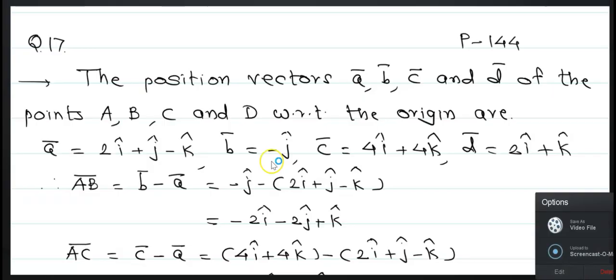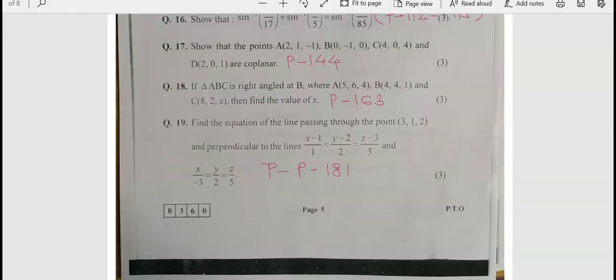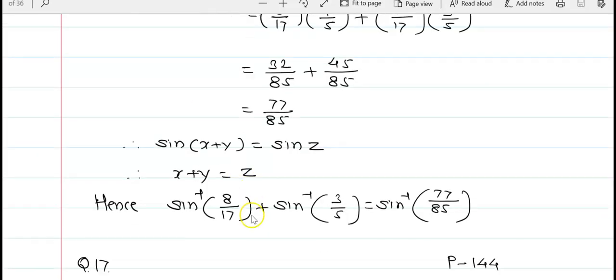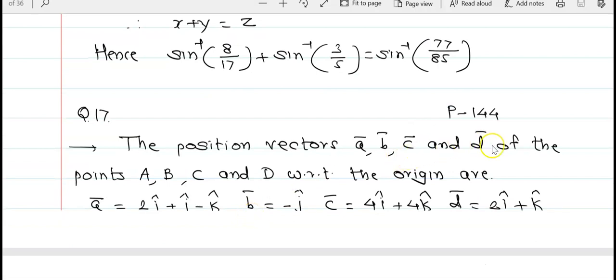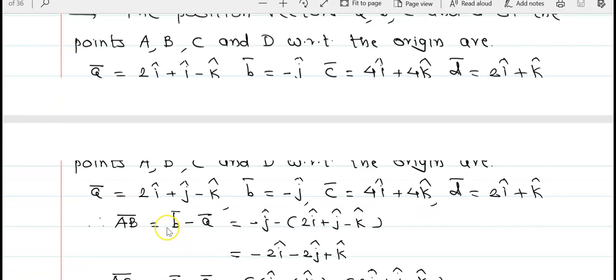Now, see this again here. These are the points A bar, B bar, C bar, D bar.